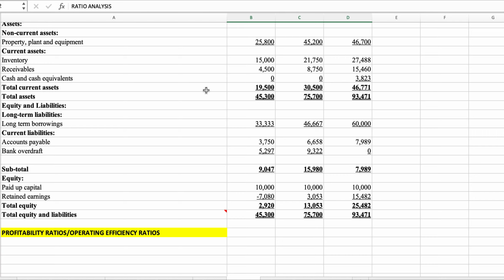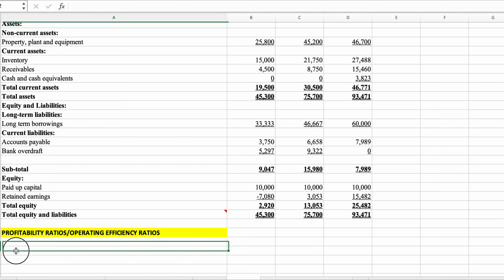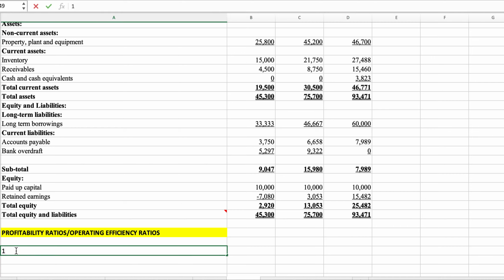So if you are told to calculate profitability ratios, one of the ratios that falls under profitability ratios is net profit margin.